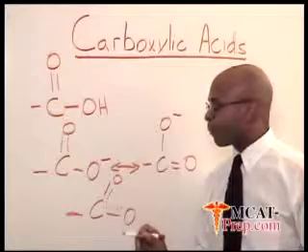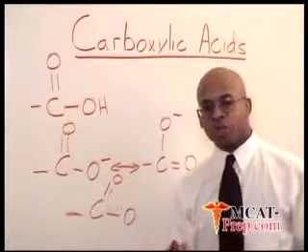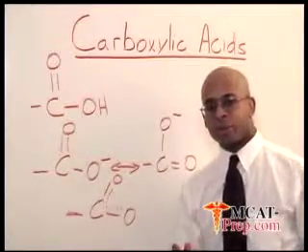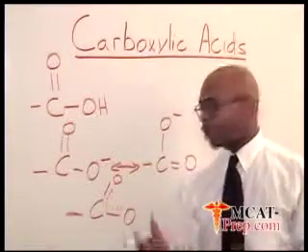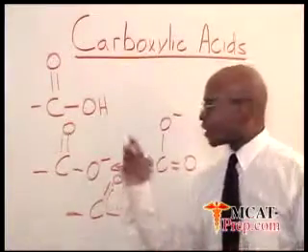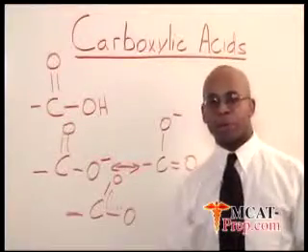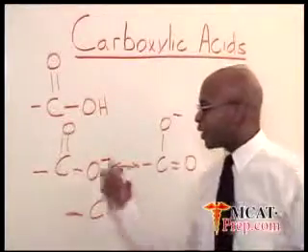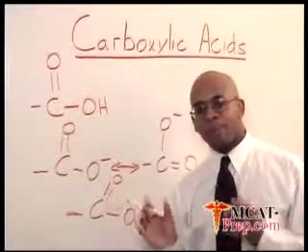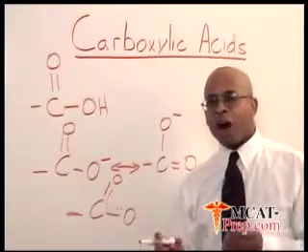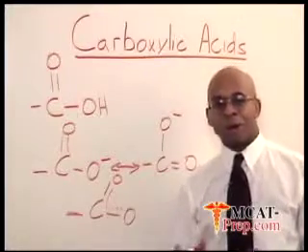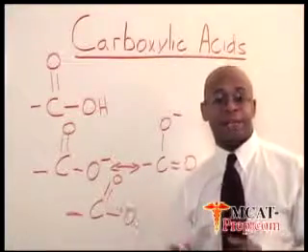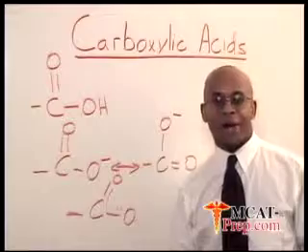Once it releases the proton, and you can have these two equal resonance structures that we can write for this carboxylate anion, we say there's a gain in resonance energy. It is more stable, therefore it is more apt to lose the proton. And that is why carboxylic acids are 10 to the 10 times more acidic than their native alcohol.